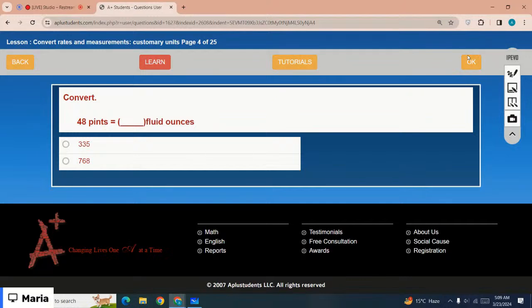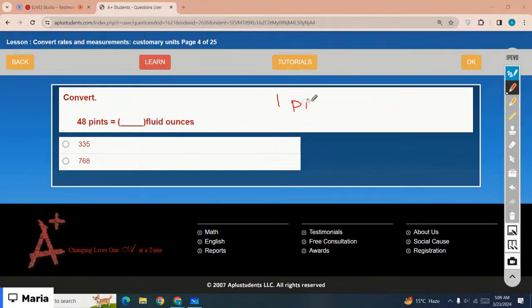Okay, the next one is 48 pints. You have to convert from pints to fluid ounces, right? So which is the basic unit? 1 pint equals 16 fluid ounces, right? Pint is a bigger unit.